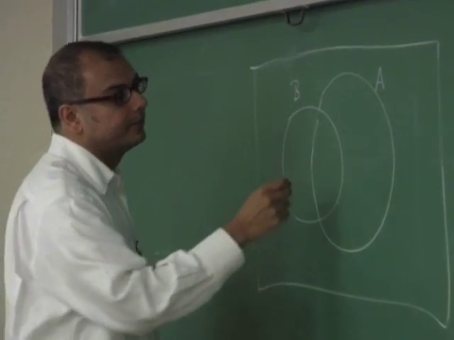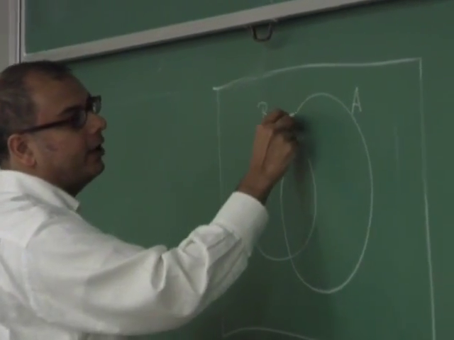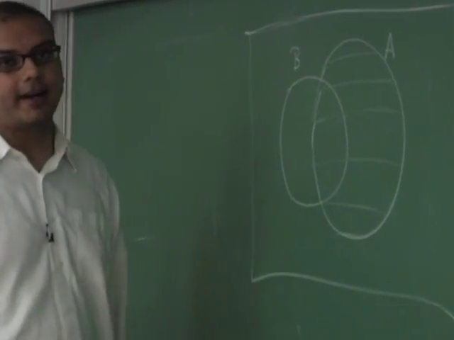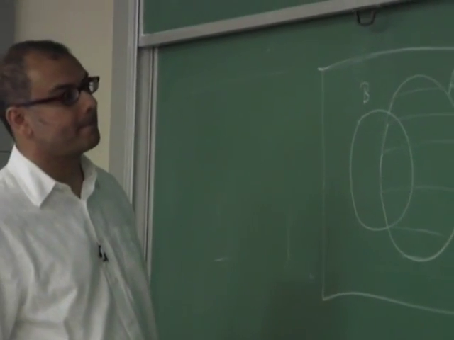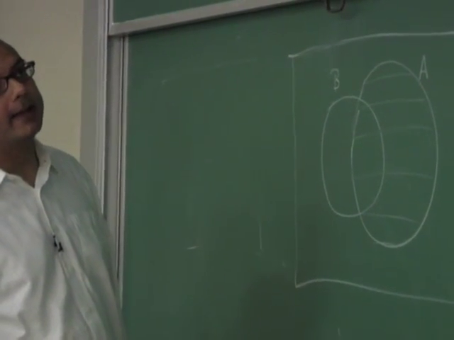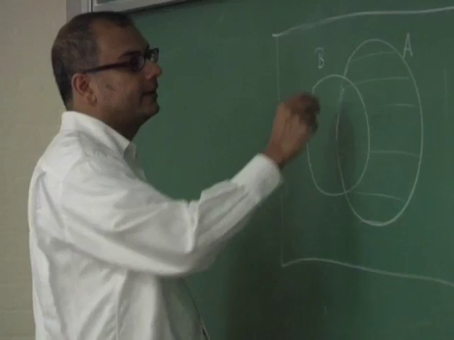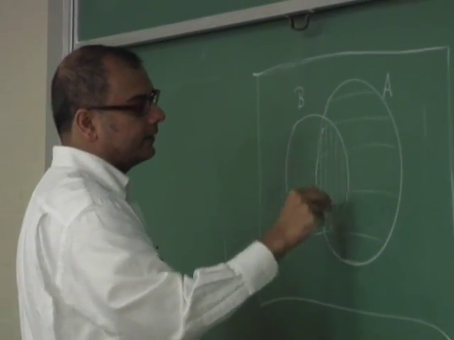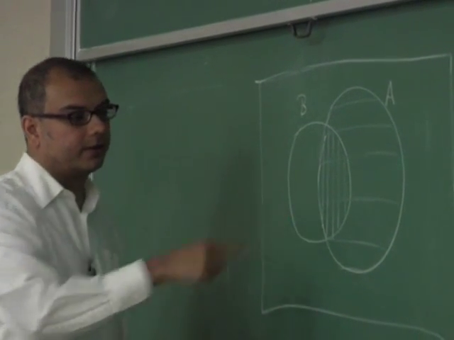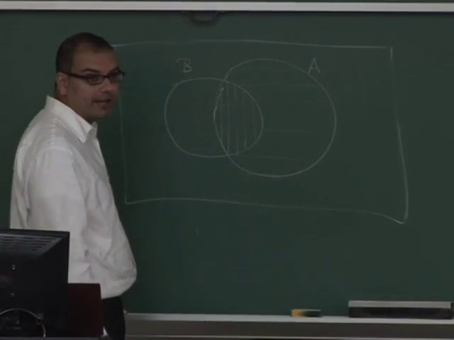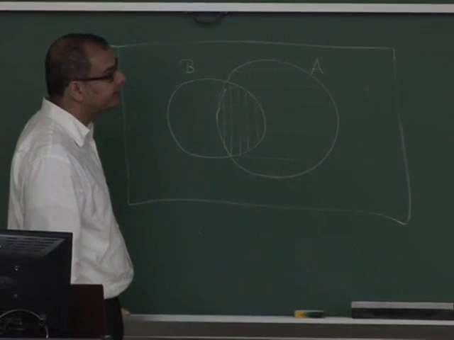Okay, so probability of A is the horizontally shaded area, and the probability of A intersection B is the cross, what shall I call this? The checkered area, right?